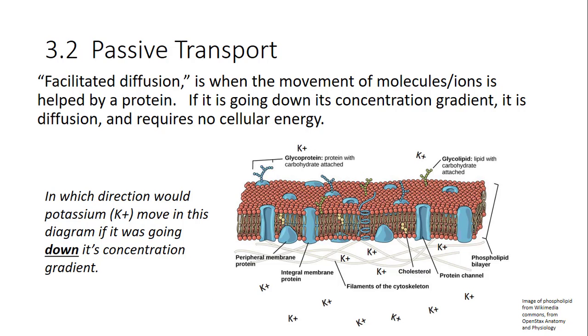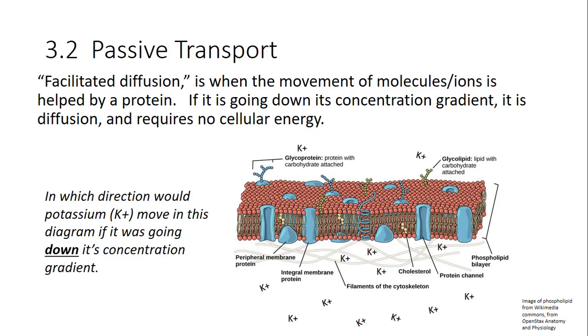Facilitated diffusion occurs when molecules are either too big or they're charged. There may be charged ions, and so they can't cross a phospholipid bilayer directly. They have to be helped by a protein. If those molecules are helped by the protein to go down their concentration gradient, it's called facilitated diffusion, and it still requires no cellular energy.